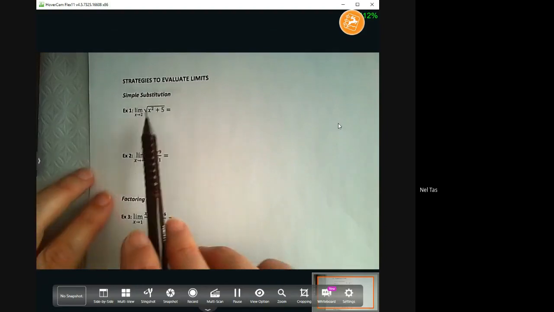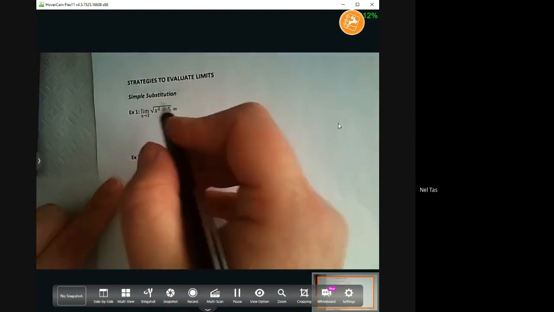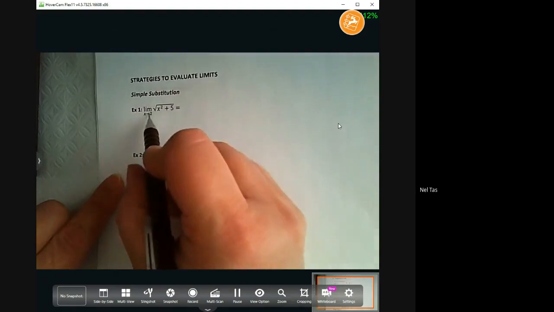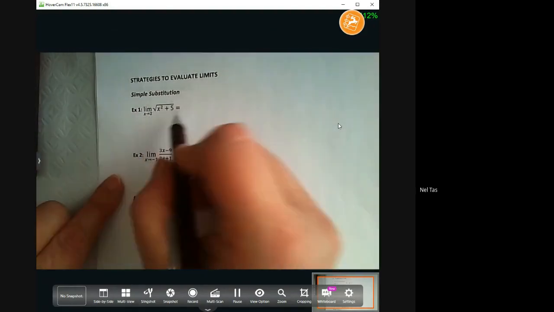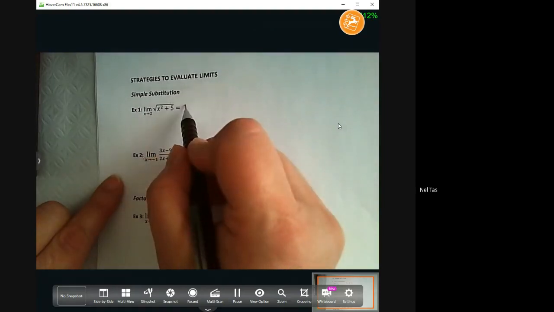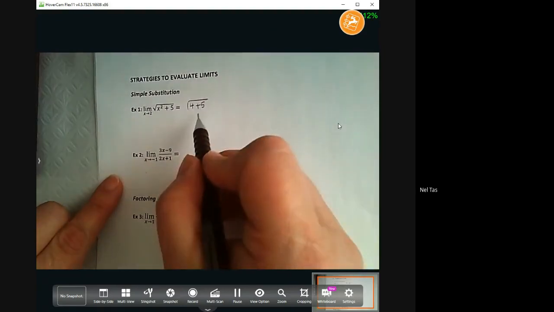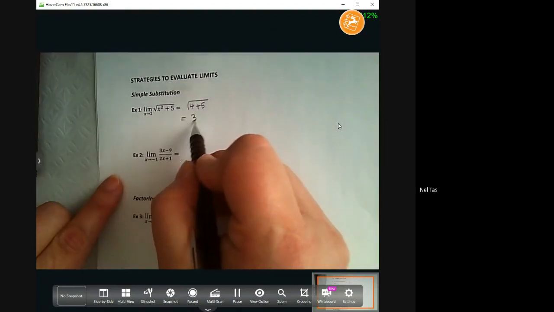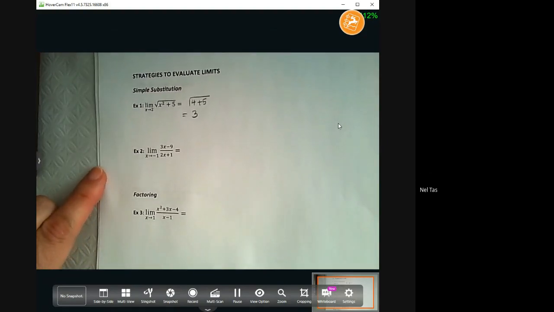For example 1, the limit of the square root of x squared plus 5 as x approaches 2: you can just substitute 2, so you get the square root of 4 plus 5, which is 9, so you get 3. As long as you don't get 0 over 0, the substitution method works.